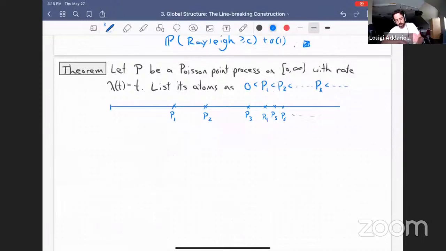Okay, and this goes on forever. Now what are we going to do with these? We need to connect this to the tree. So let's take a uniformly random tree in Tn and list its leaves in increasing order of label.